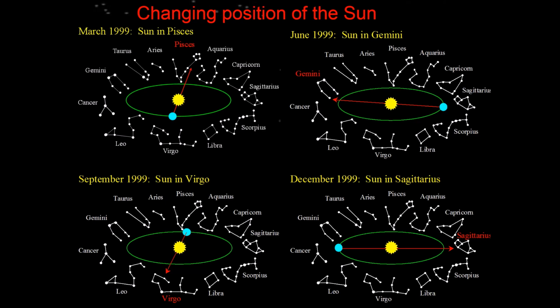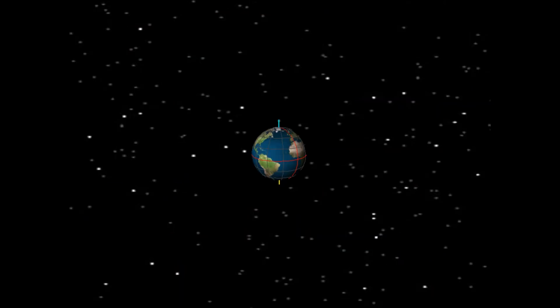And because of that 23.5-degree obliquity of the ecliptic, that means the sun in the summer, at least in the northern hemisphere here, reaches a higher altitude than it does in the winter. Now, the altitude of the sun in the sky is referred to by a specific name.